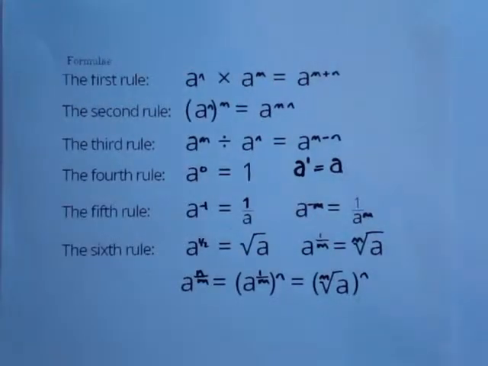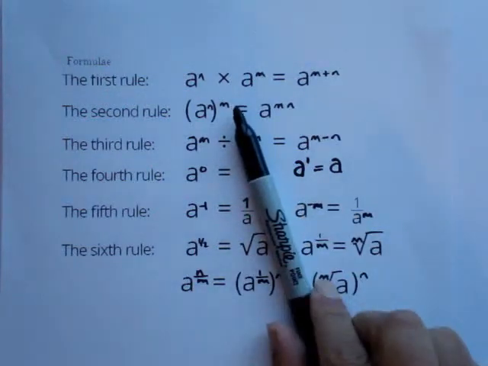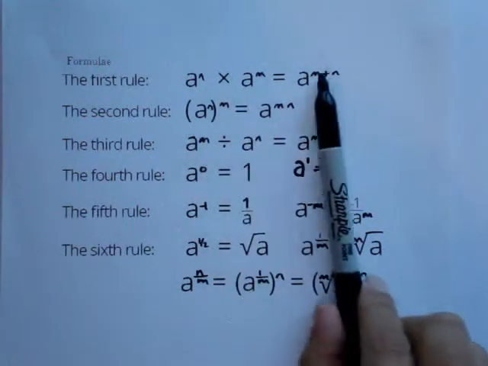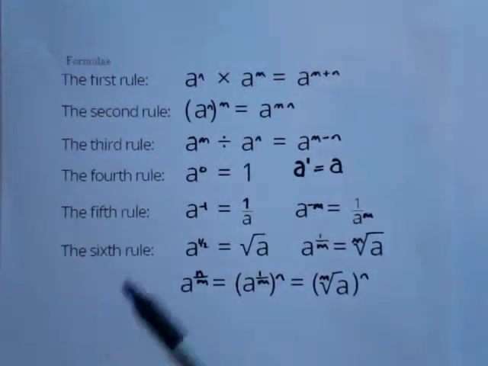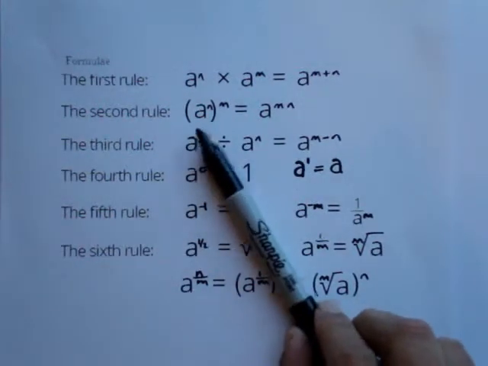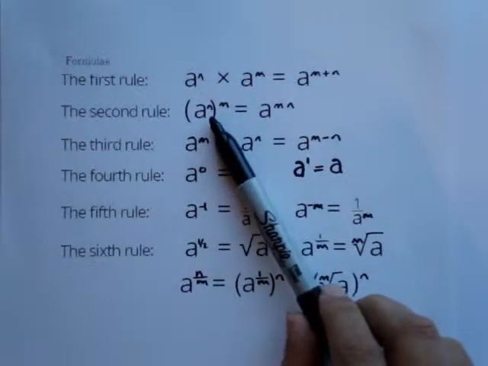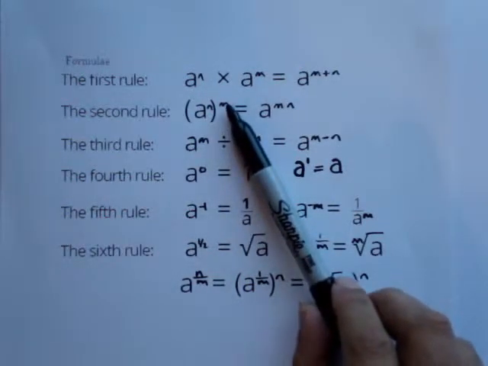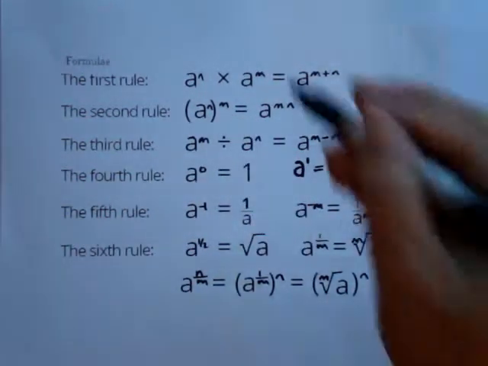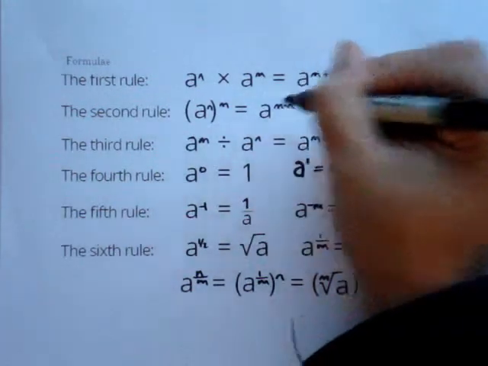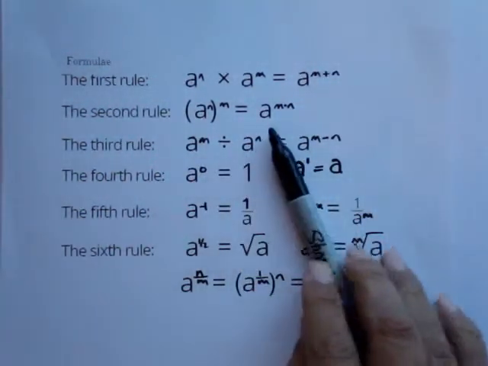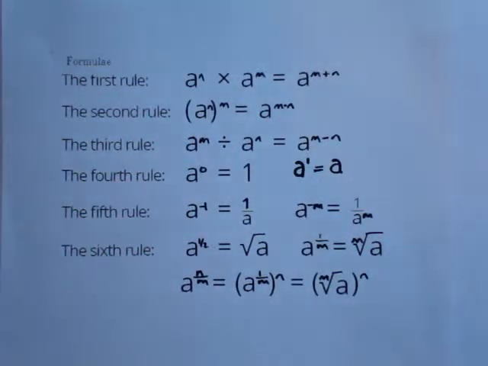Okay, here I've summarized the laws of exponents, where a is a constant. When we're multiplying, we add the powers. When we're raising something in brackets, something to a power, to another power, we multiply the powers, so that's mn, a to the power mn.